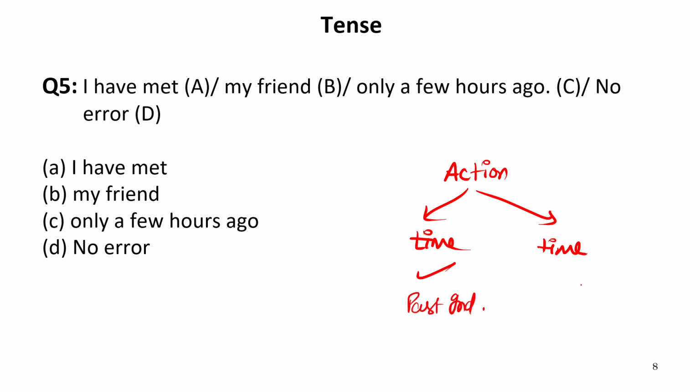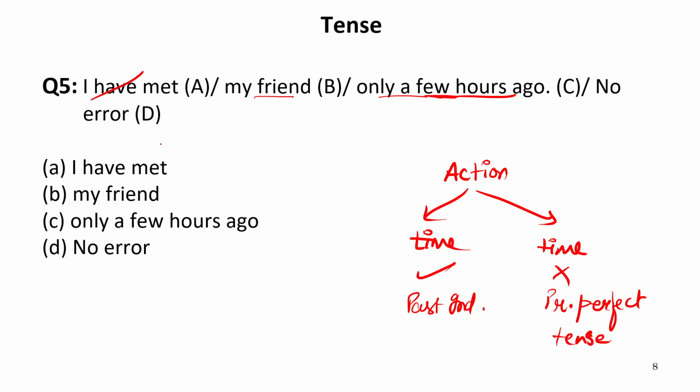But if we do not know the time of action, we can make that sentence in present perfect tense, that is subject plus has have plus verb third form. Now in this sentence, it is given, I have met my friend only a few hours ago. It means we know this time, that this is the time of past which is given to us already.